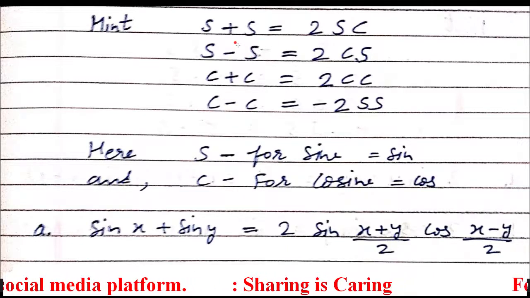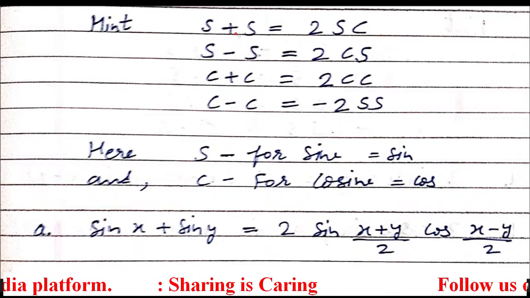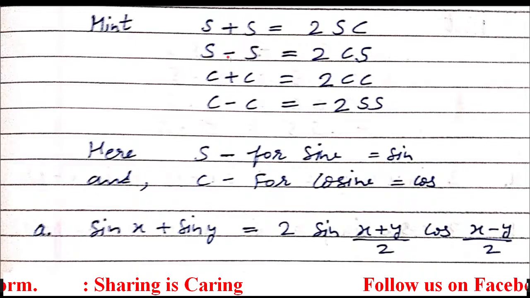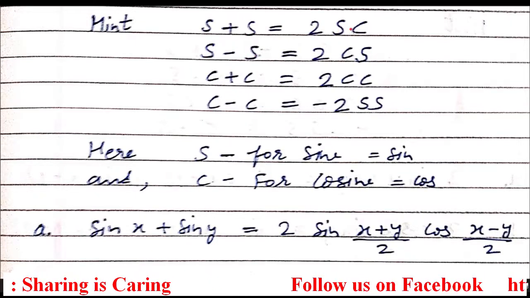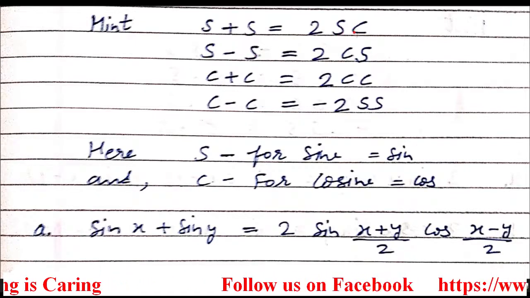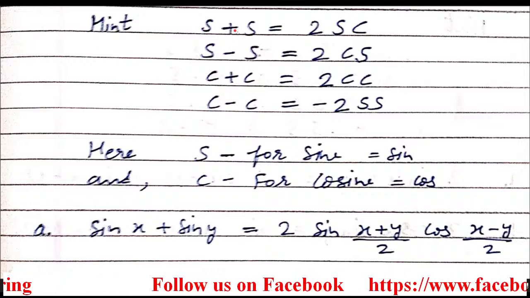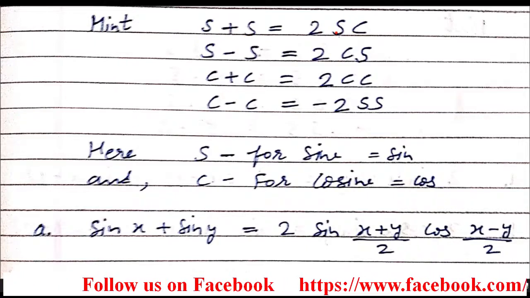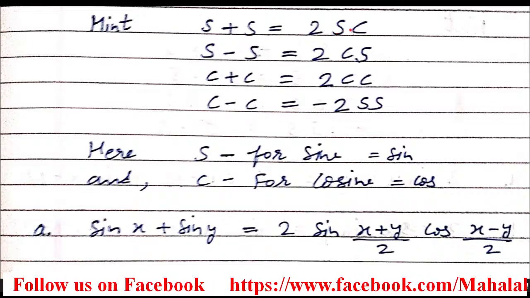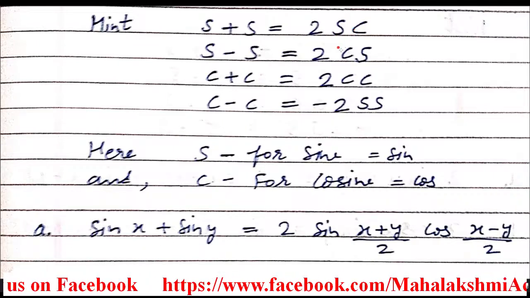It's very simple, students. When we are writing for s plus s, s minus s, alternatively sine and cos used to come. So when we are writing for the plus symbol, s is at the first place and c is at the second place.